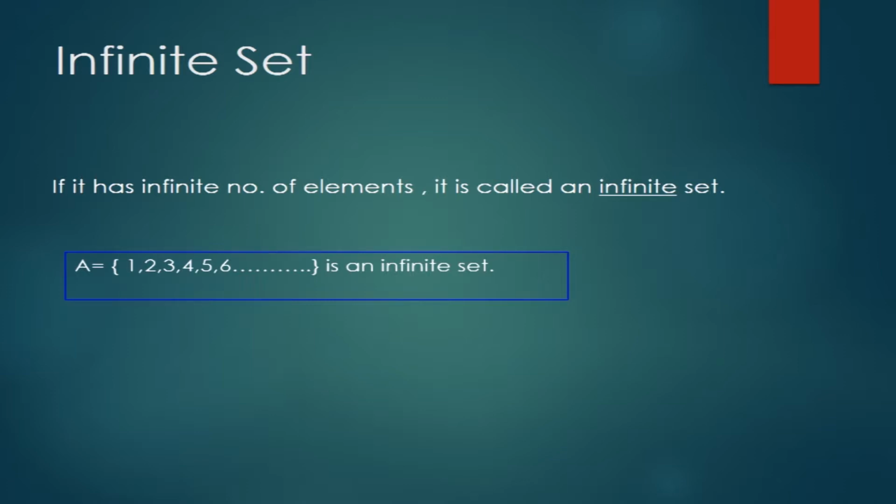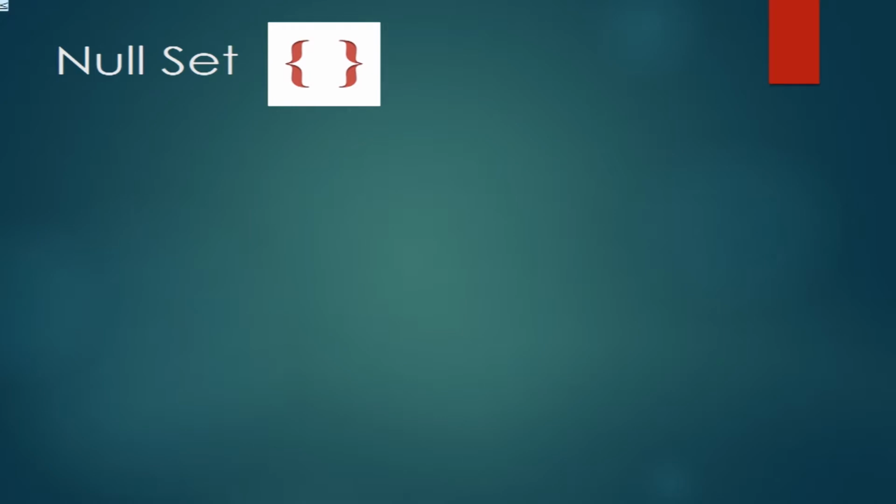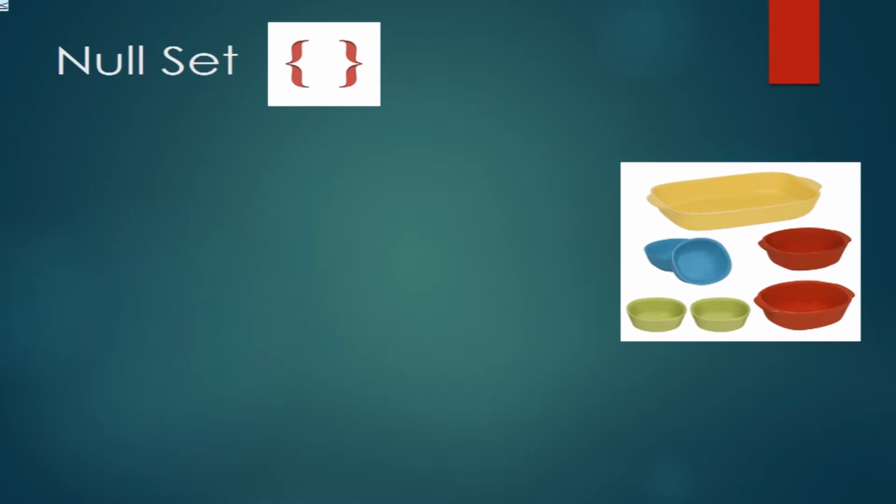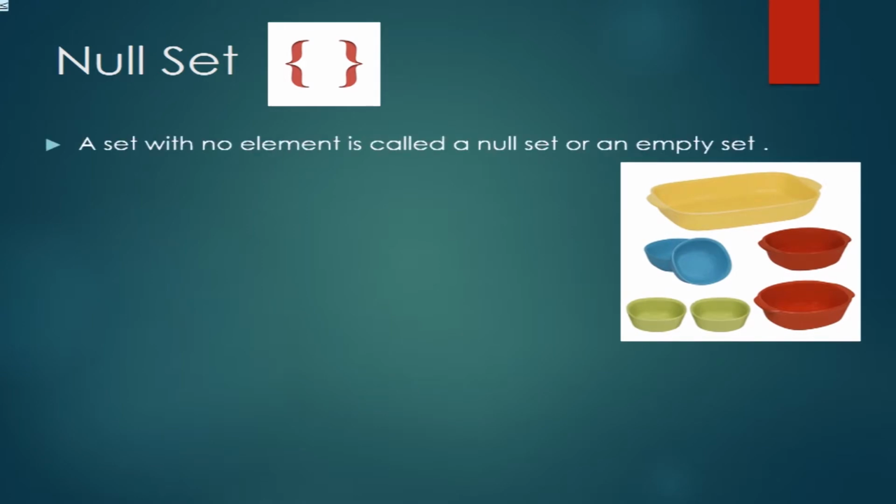Next type is null set or empty set. As the name implies, empty means nothing. So, a set with no element is called a null set or an empty set. It is denoted by the symbol phi.